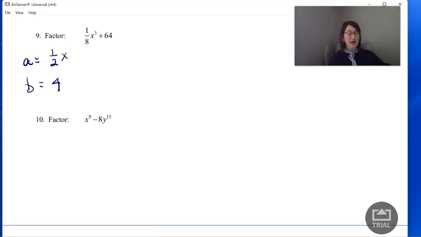So now we've got the sum of two cubes. So let's just go ahead. It's going to be 1/2 x plus 4 times 1/2 x raised to the second power gives us 1/4 x squared. Now I'm going, oops, that should be a minus.